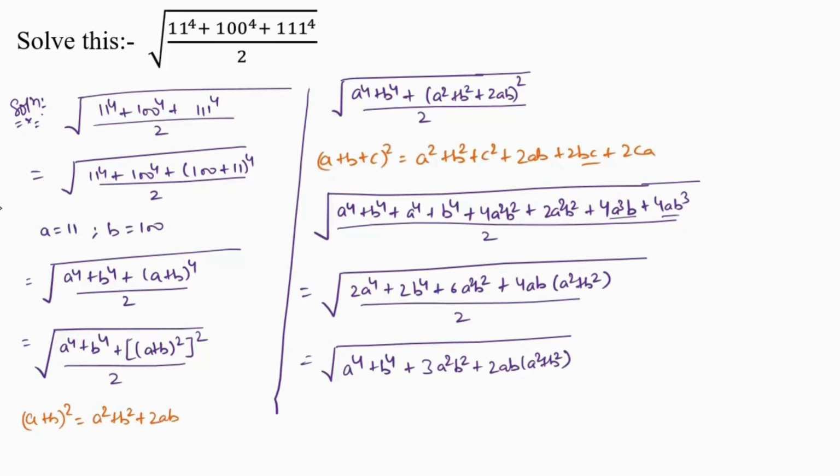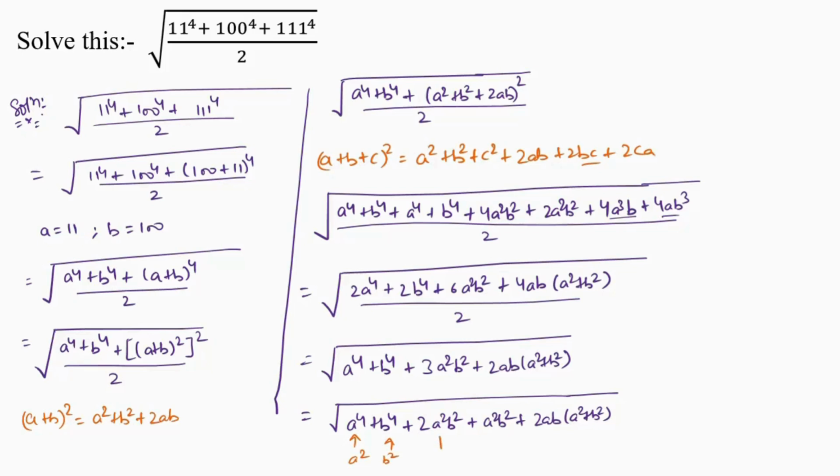We can rearrange this expression as a raised to power 4 plus b raised to power 4 plus 2a square b square plus a square b square plus 2ab (a square plus b square). If we look at this expression, we can find this as a square b square and this term as 2ab.